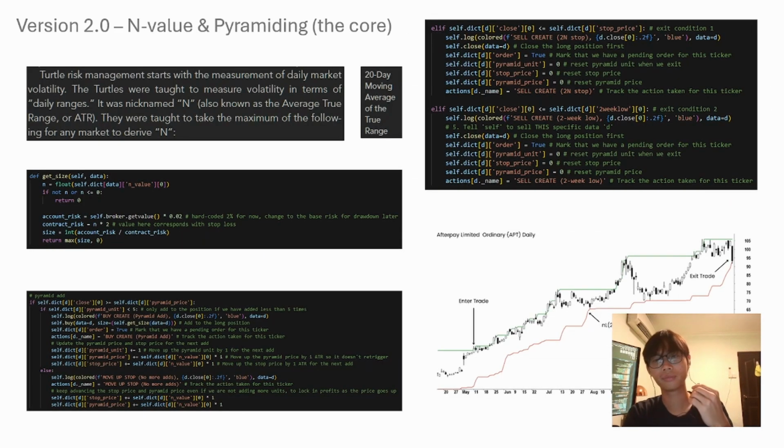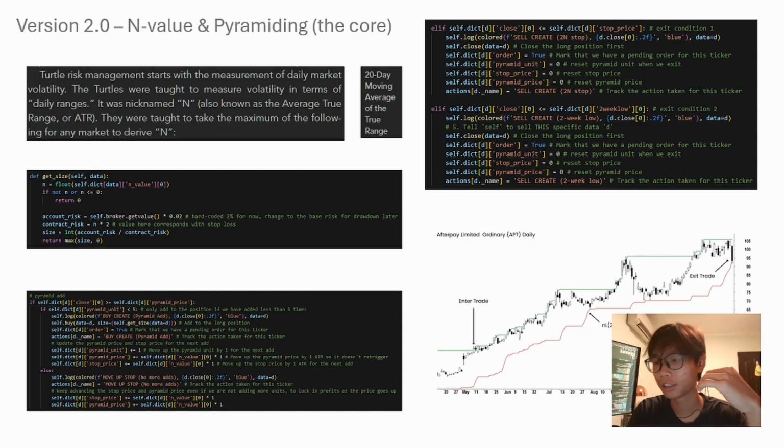But then we get to version 2, where we start to add the core functionalities, which are the N value and the pyramid. So what is the N value? Pretty much, the N value is just the 20-day moving average of the true range. And this N value is actually used for multiple functions across the strategy.